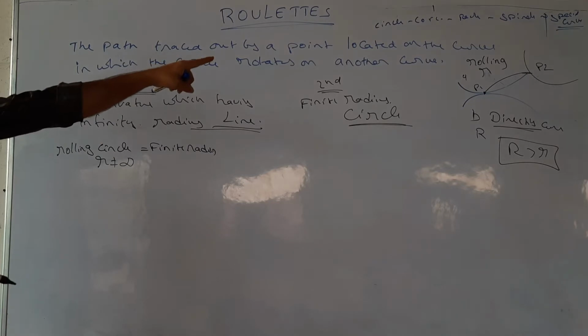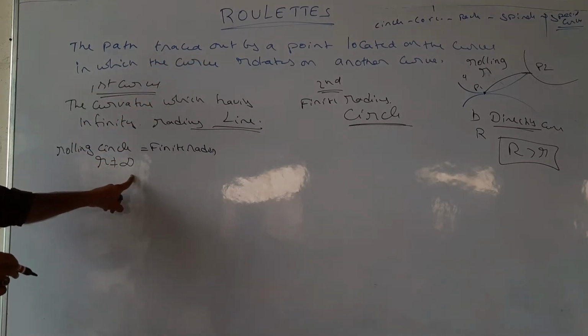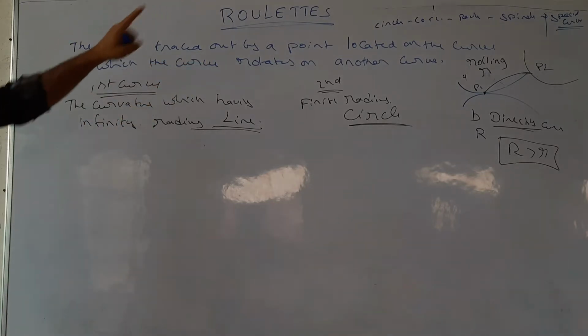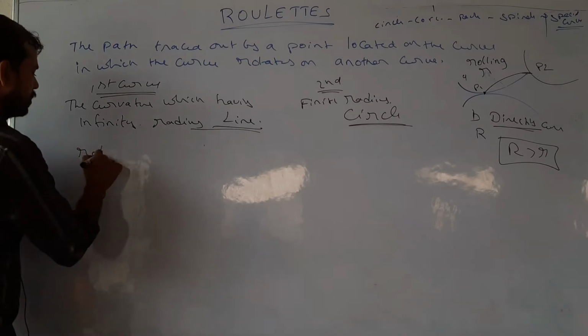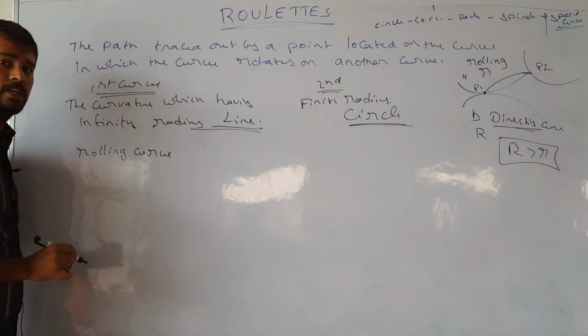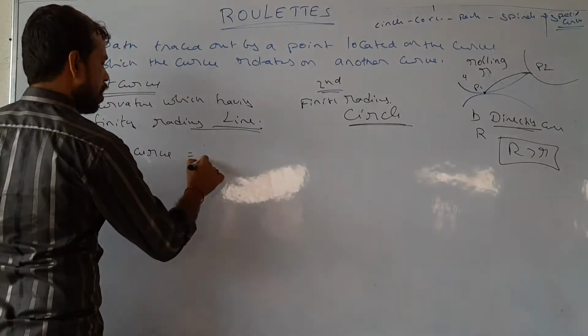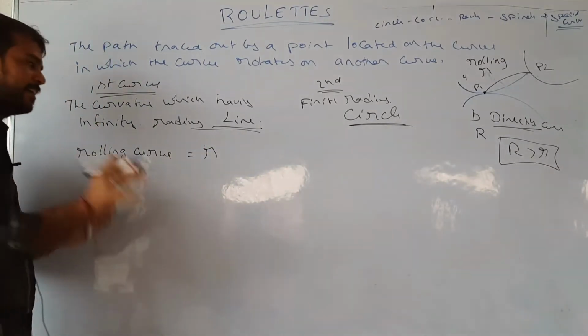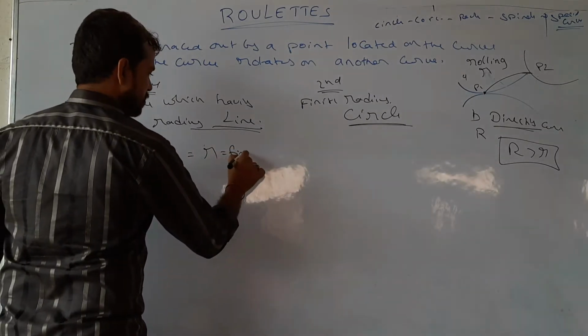The rolling curve radius is r, that means there is some finite radius.